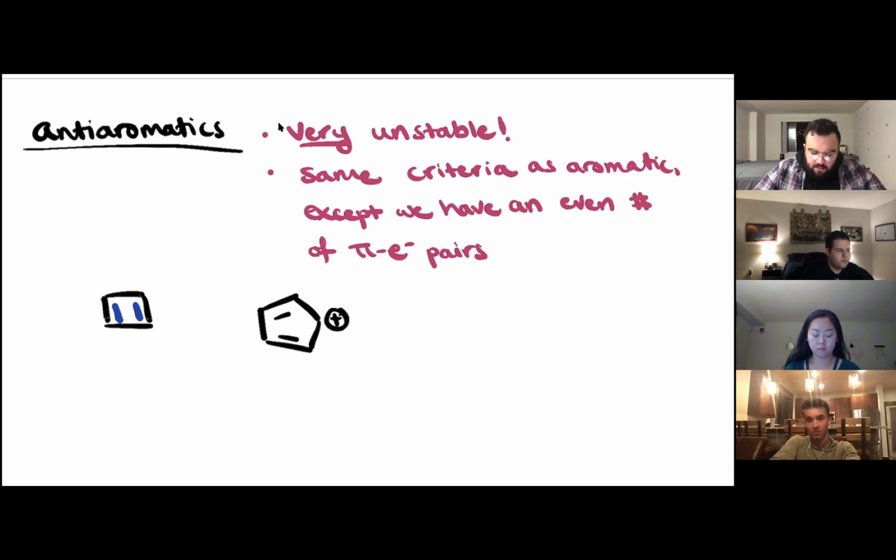Here you see that we have a positive charge, meaning that you don't have any pi electrons there, but it's still part of the pi system. You see that we have these guys over here, and it fits the other criteria. Because you have an even number of pi electron pairs, it's anti-aromatic. And maybe one last example.